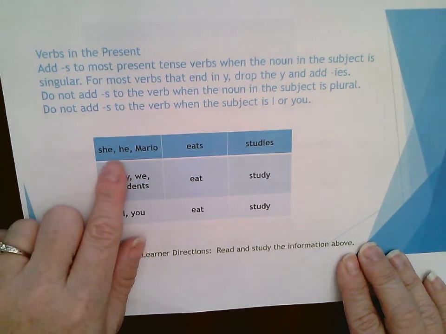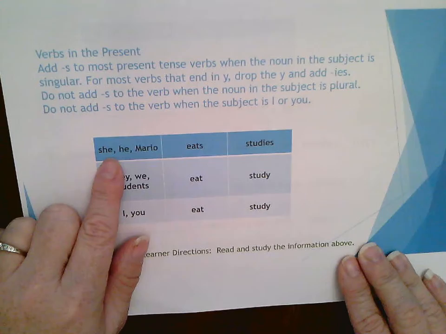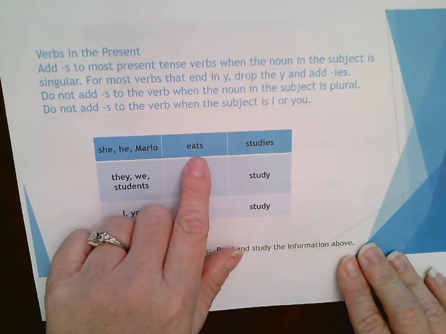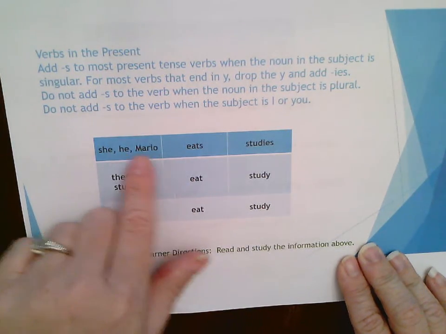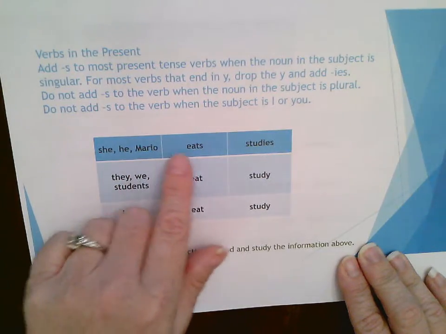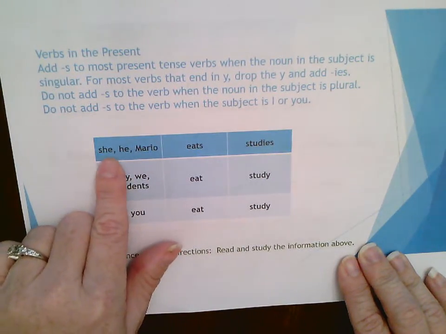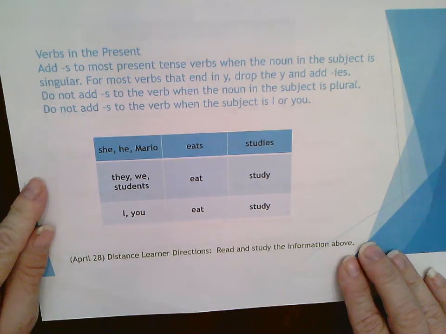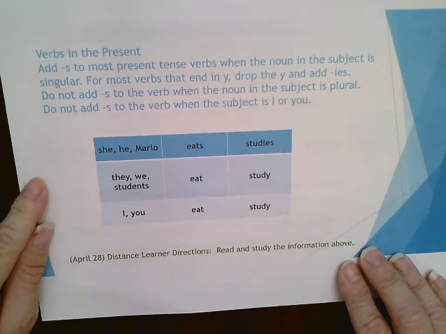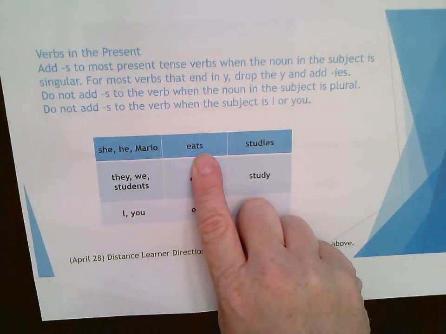If you say a singular subject like she eats, or he eats, or Mario eats, she, he, and Mario are all singular subjects. So we would just be able to add plain old S to the end.